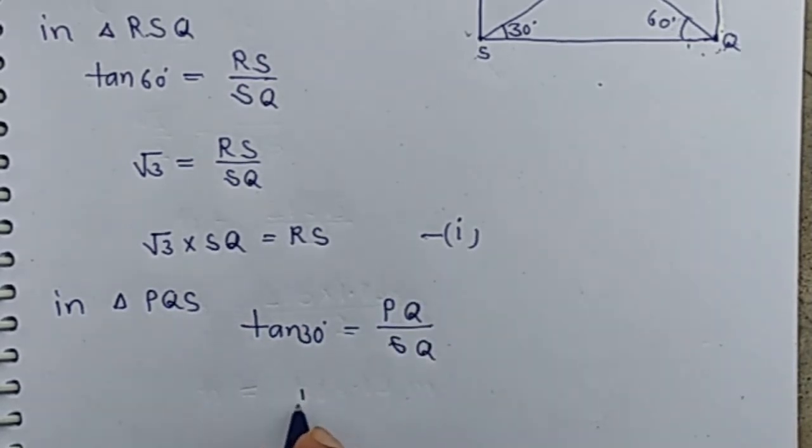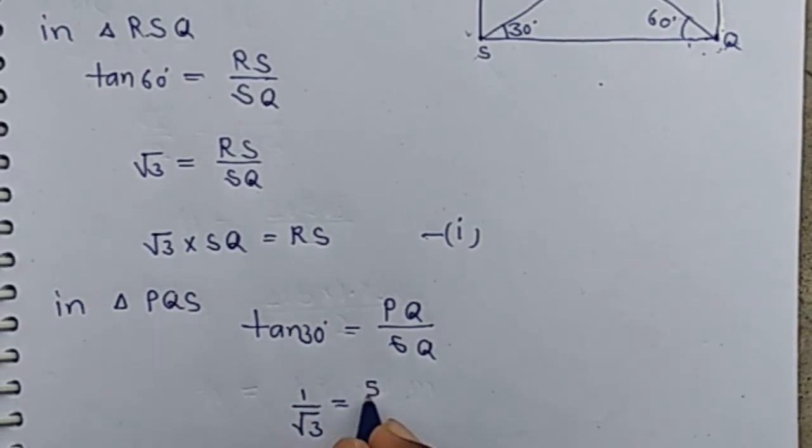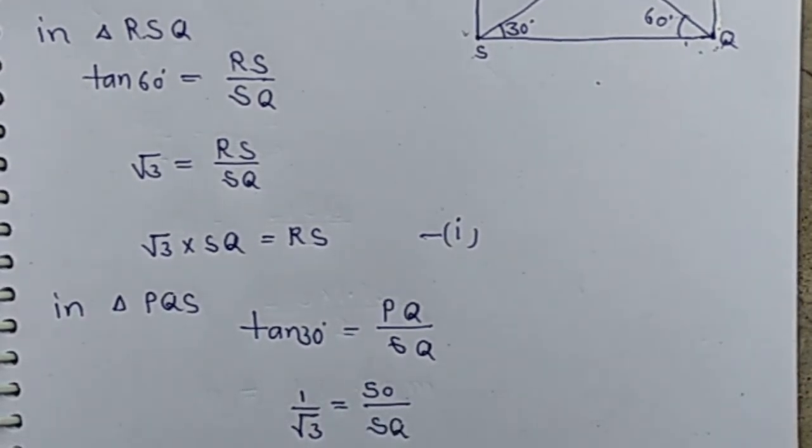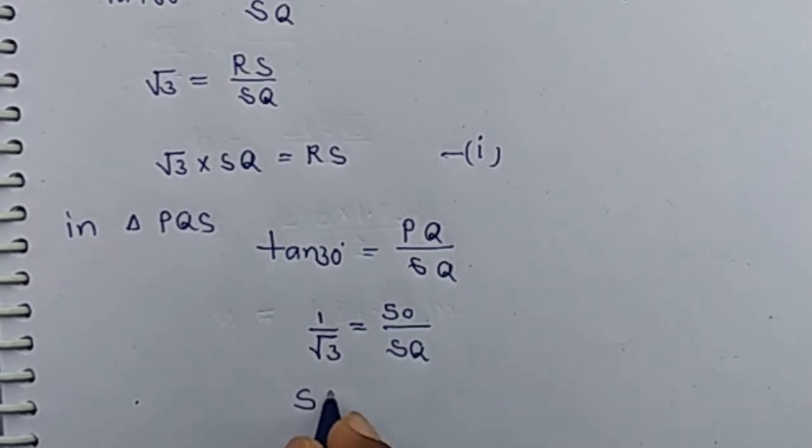Value of tan 30 is 1 by √3. Value of PQ is 50 meter and SQ is unknown. Now we find the value of SQ from here and put it in equation 1. The value of SQ is 50√3.